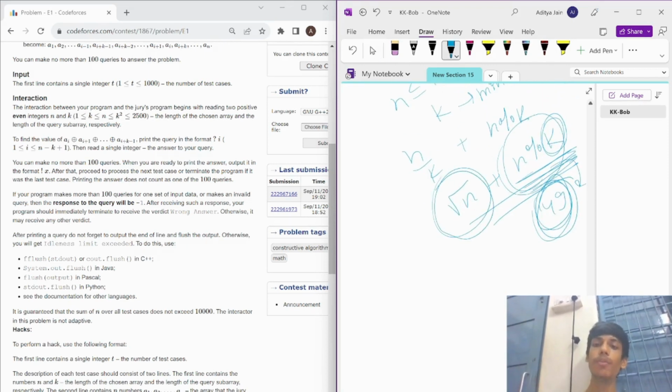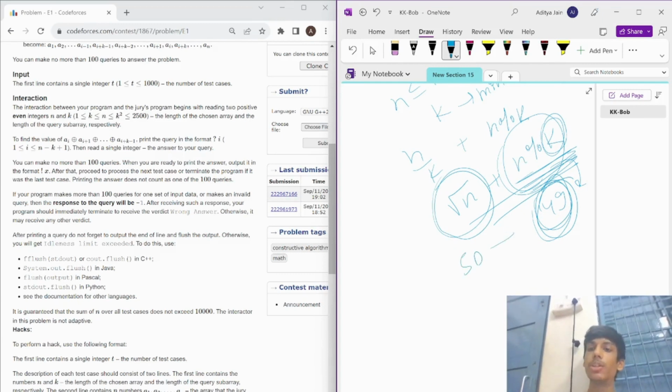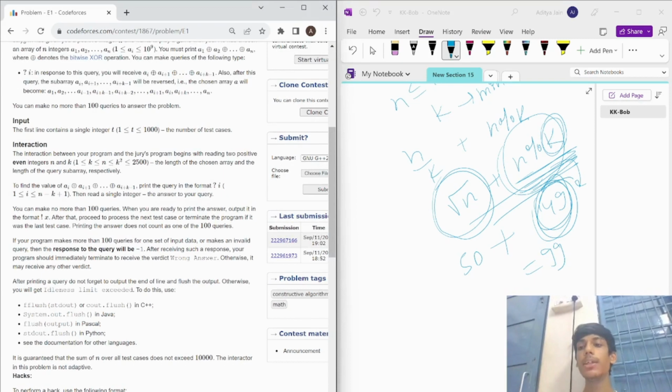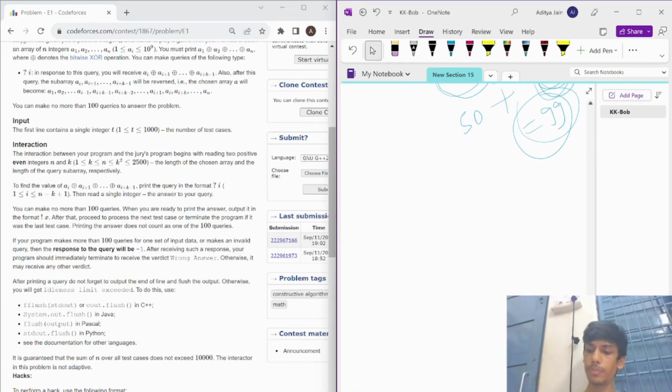The maximum value of root n is 50, because n is less than or equal to 2500. So the total number of queries is less than or equal to 99, and we can make 100 queries, so it's less than 100. This is about problem E1.